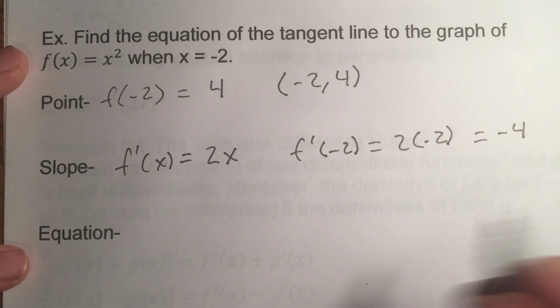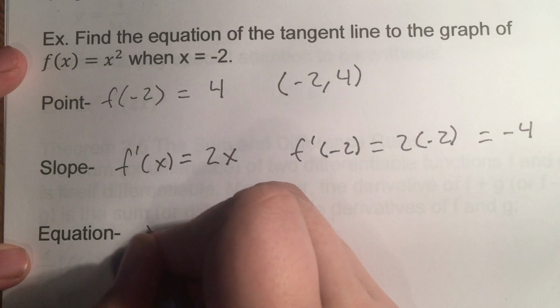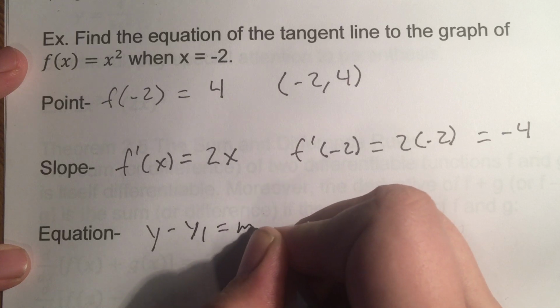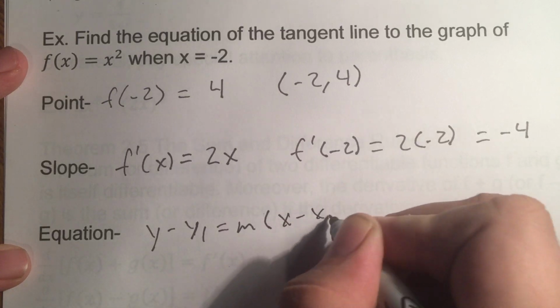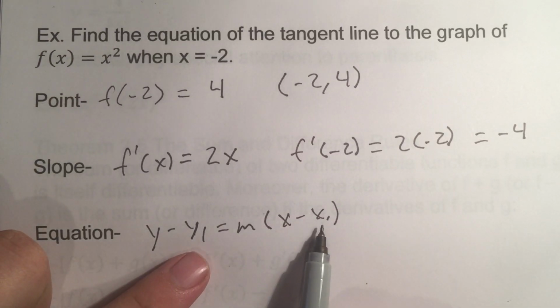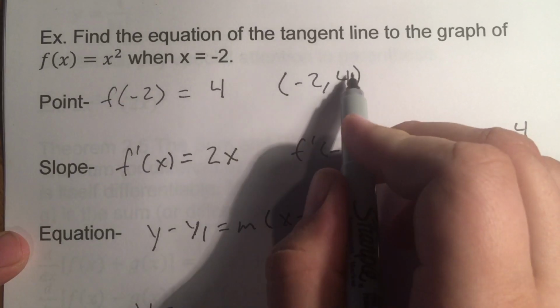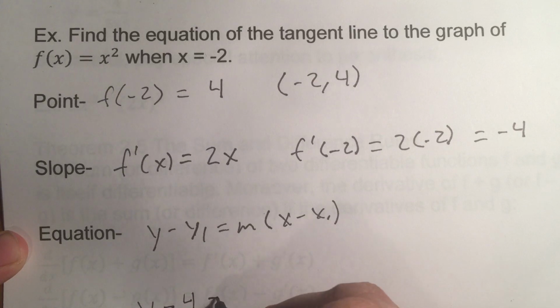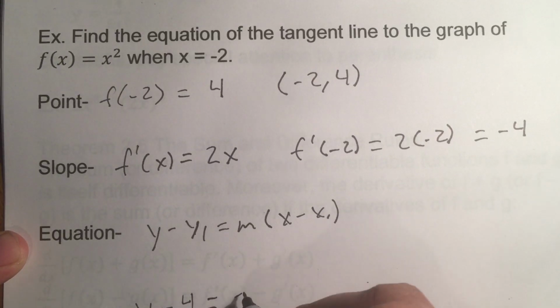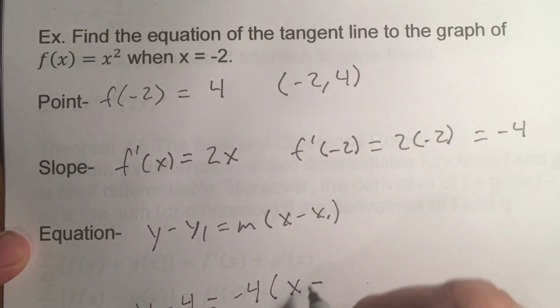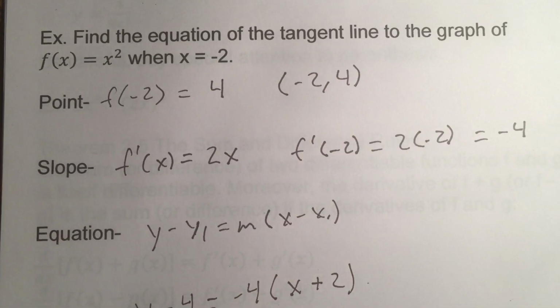So our equation, if you remember right, point slope form is y minus y1 equals m parentheses x minus x1. So x1, y1 is our point, m is our slope, so y minus 4 equals our slope, negative 4, parentheses x minus a negative 2, which makes it plus 2.